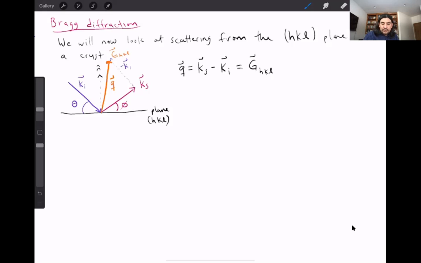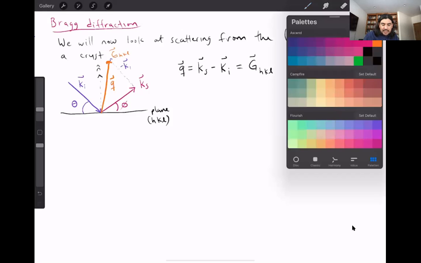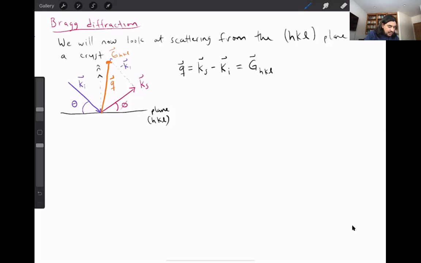But now we also know from the previous class that this G is actually normal to that plane, right? That unit normal is in the same direction as the G vector. So what that tells us is that since Q is equal to G, then the two angles have to be equal. So theta is equal to phi.